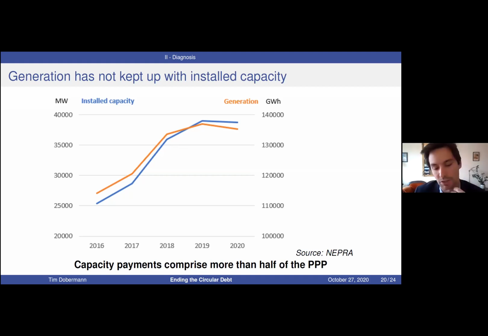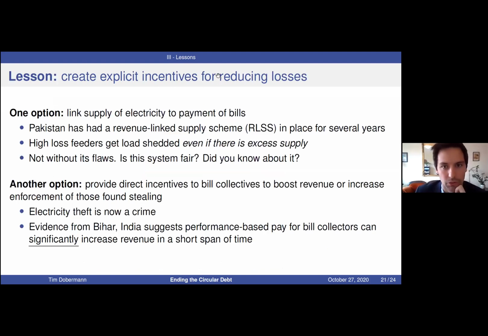And so even though electricity isn't being generated, power plants are receiving payments, and this makes it a bit of a challenge for the sector. And that's why I made that point earlier on, we might actually want to encourage more consumption of electricity at this point in time.